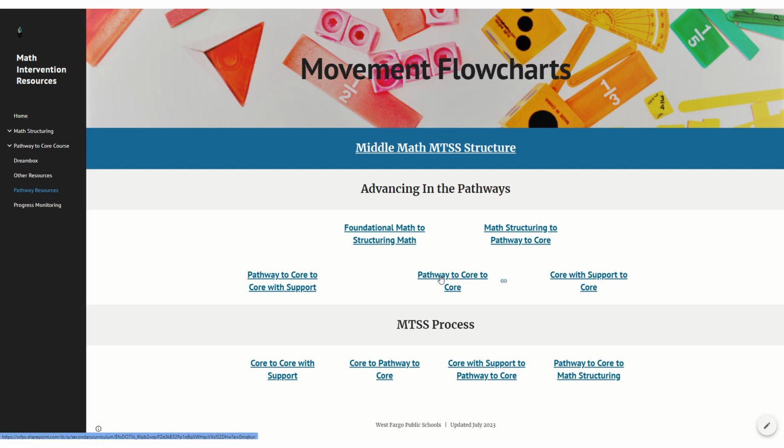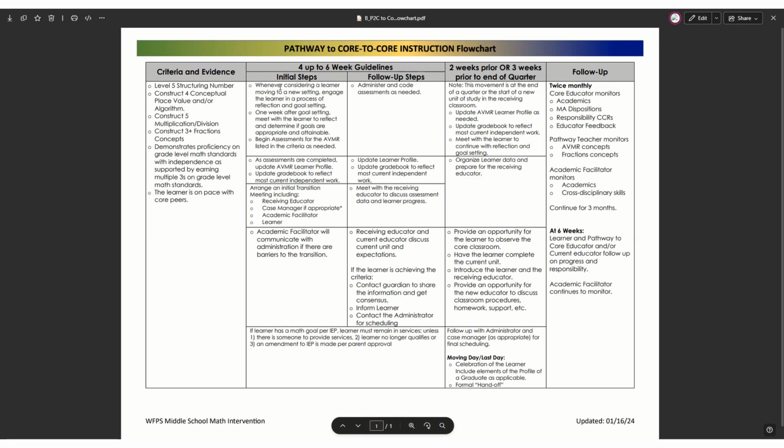So students who move from Pathway to Core, this is the process of how we start moving kids out of middle school math intervention. To use this process, please reach out to your academic intervention facilitator, and they will help guide you through how we move students out of Pathway to Core.